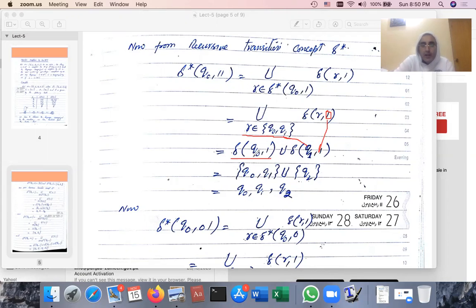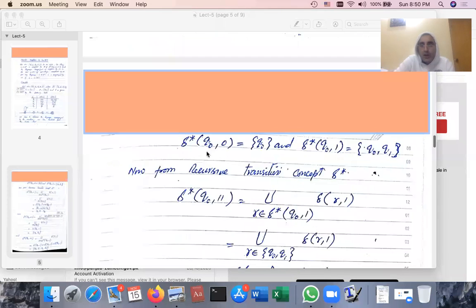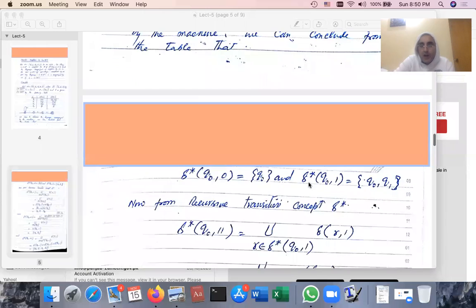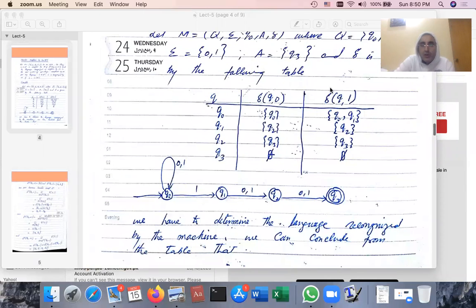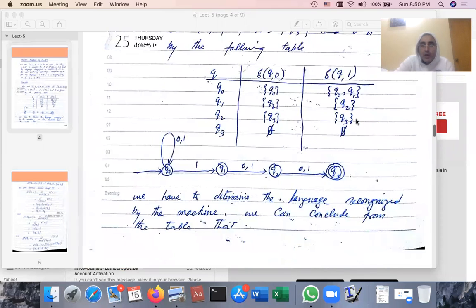And then again from Q0 and 1, what are the states? From Q0 and 1 I can see in the table, and this is again the same, either from here or from here. Delta is mentioned here, delta Q0 Q1.